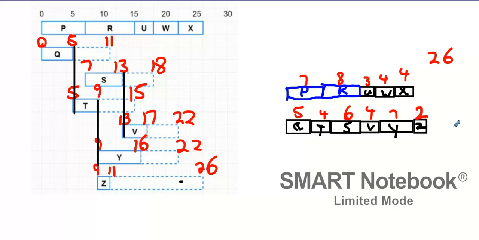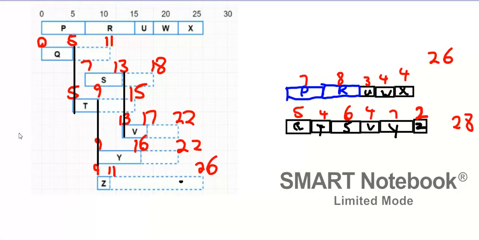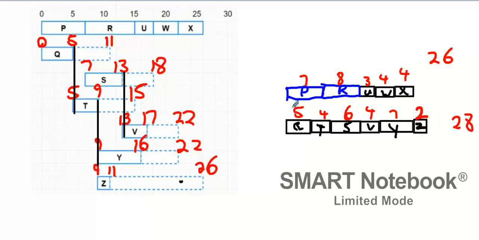Something's wrong. I think I might be forgetting a block. All right, there's something wrong. Go on, what do you think's wrong? Okay, so what's Y dependent on? Y is dependent on T. No, but T is ahead of Y. So that's grand.